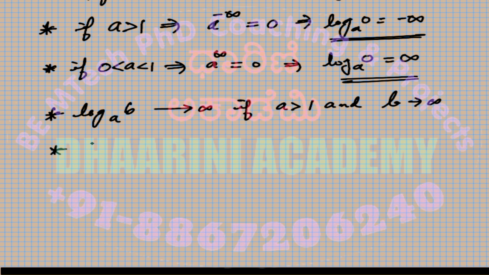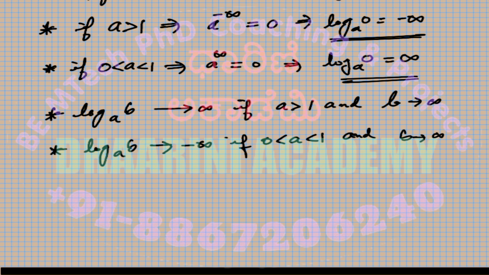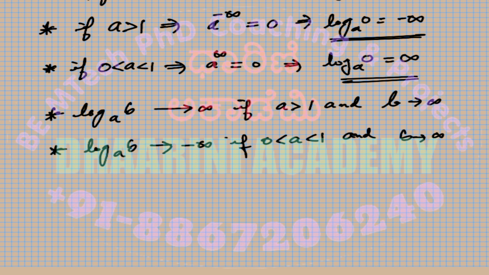At the same time, log of b to the base a tends to minus infinity if 0 is less than a less than 1 and b tends to infinity. In this case, it becomes close to minus infinity. The most common logarithm is base 10, which we need to remember.